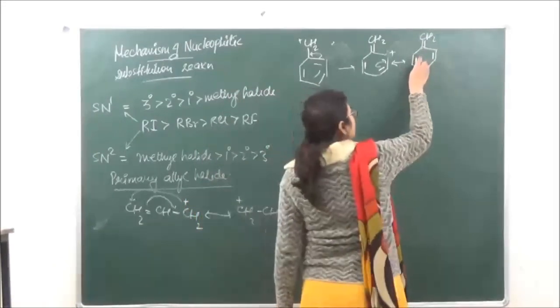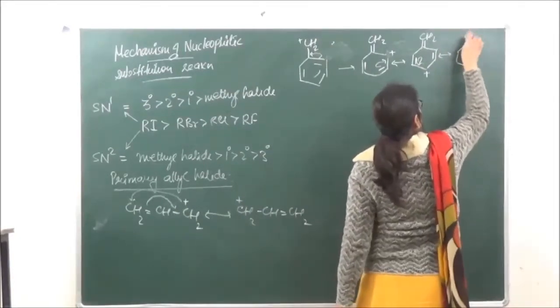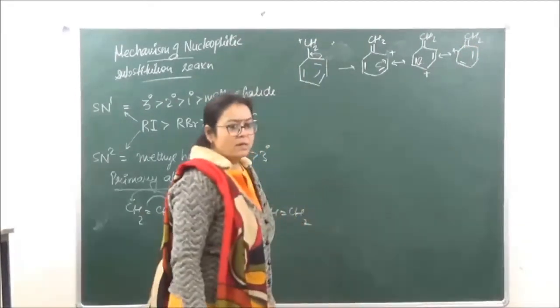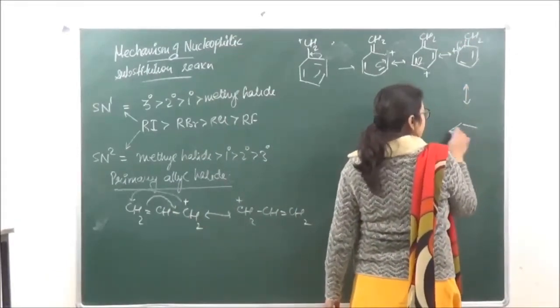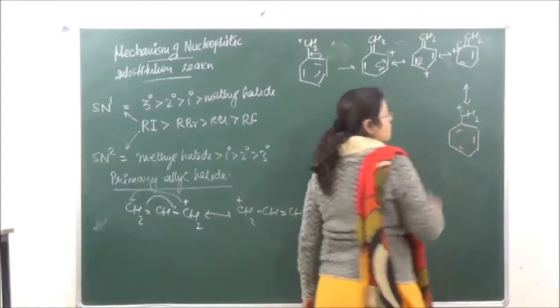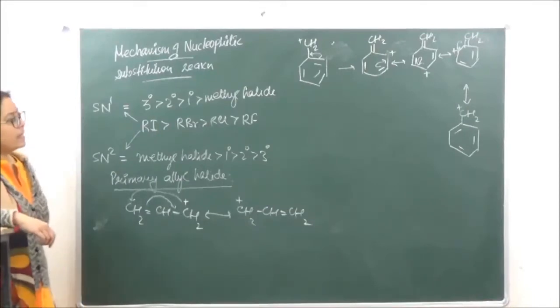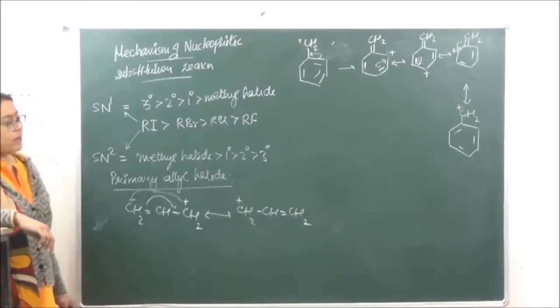After that the positive charge is going to come here, and finally so you can see over here that both the primary allylic and primary benzylic carbocations are going to be resonantly stabilized, as a result of which they are going to undergo substitution reactions with the help of SN1 mechanism.